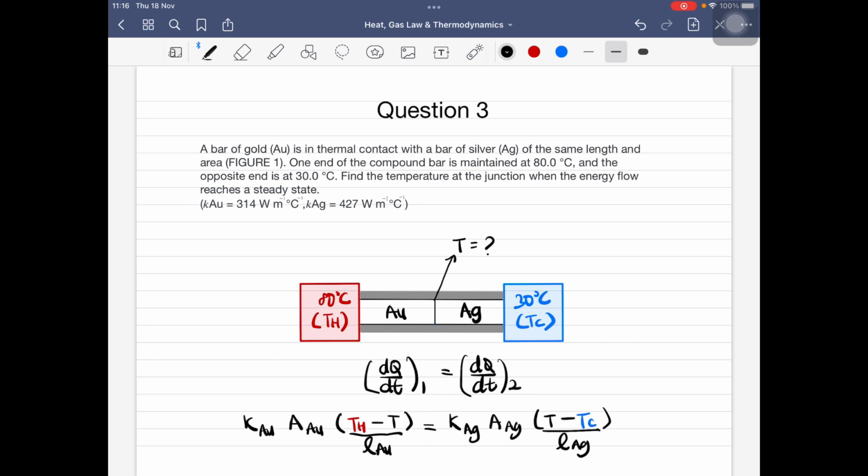Alright, in the very first sentence of the question, it stated that these two metals, gold and silver, share the same length and the same area.